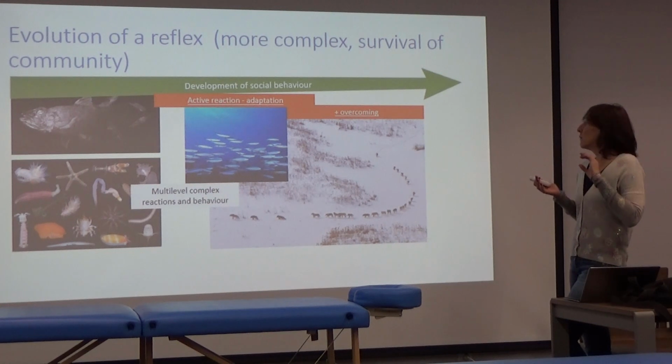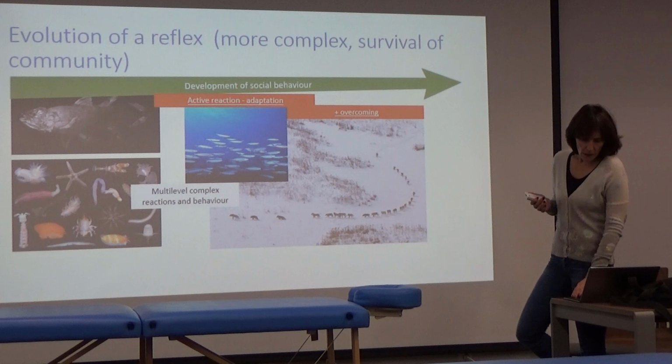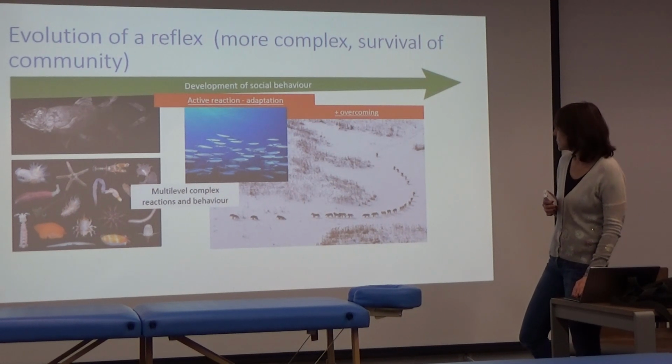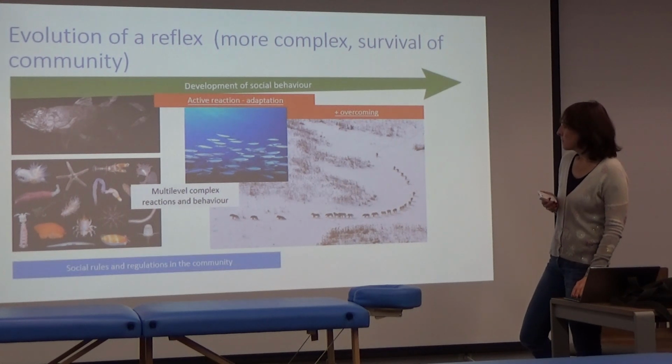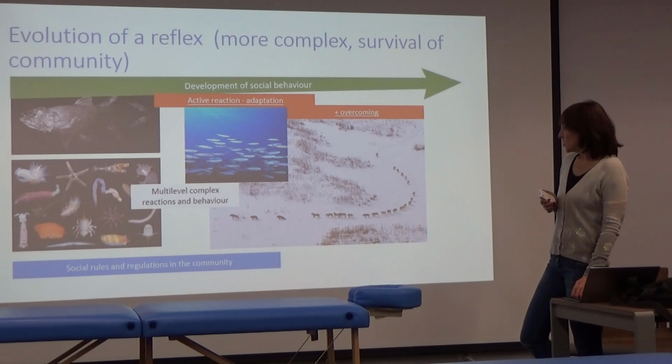Behavior is a very complex set of reflexes. Yes, a multi-level set of reflexes. And again, they've got adaptation and overcoming. And they get social rules and regulation in the community.